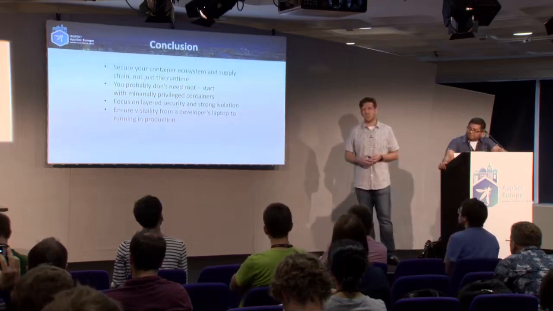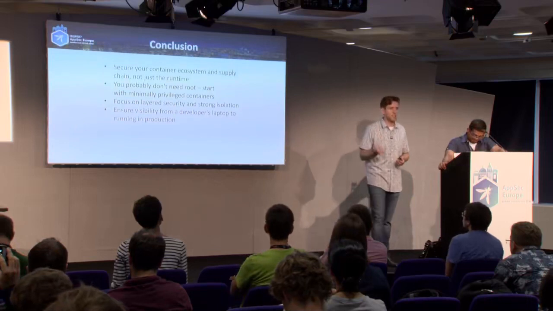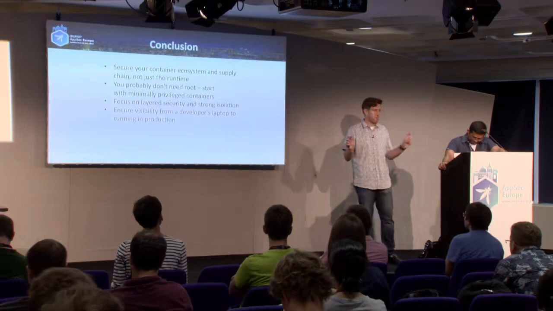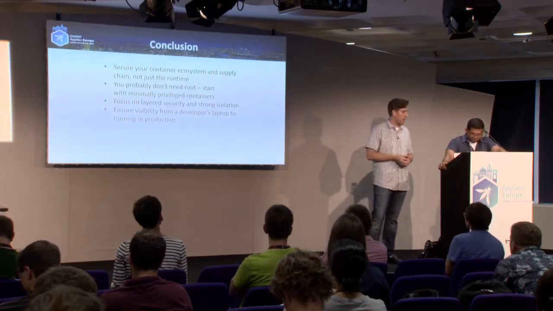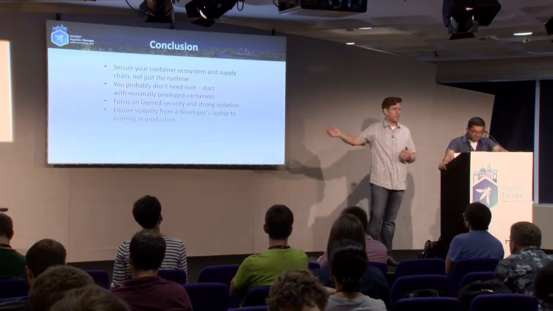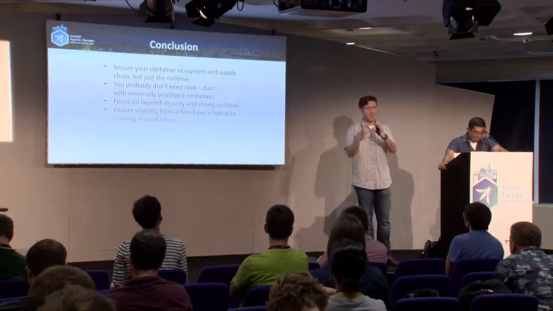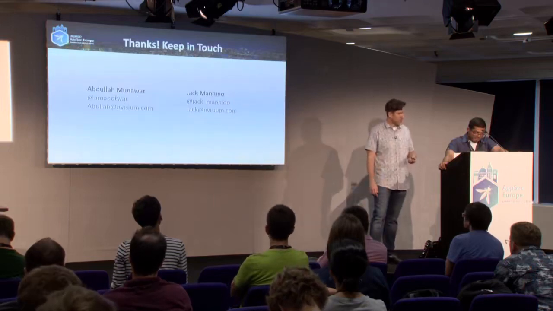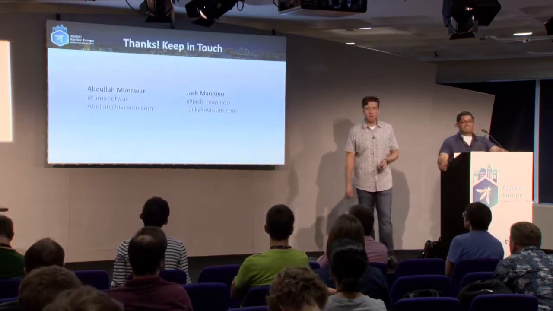Certainly focus on isolation, things like network boundaries, accounts. The more we can isolate our processes and keep them from sharing things, the better. Because that means one container is going to get owned, but all the containers aren't going to be owned, right? It's going to be hard to move laterally, and you're going to be basically contained in the container. That's our show, folks. Happy to take questions.